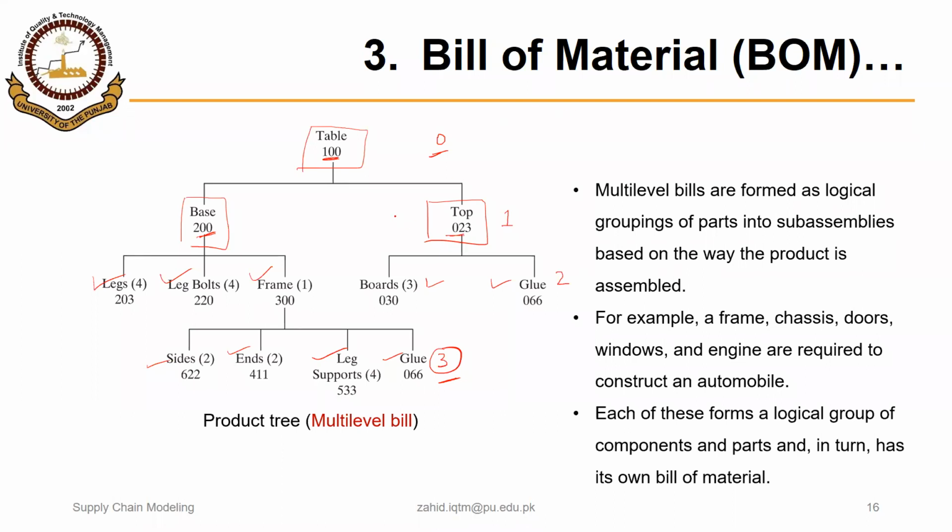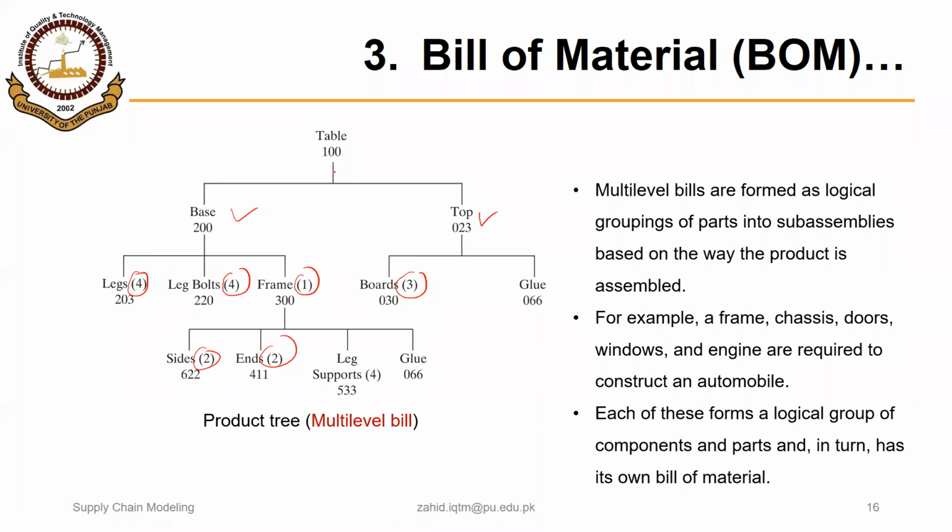How many components or sub-assemblies are required to make an end item? For example, in this case, we need 1 base and 1 top to make 1 table. But to make 1 base, we require 4 legs, 4 boards, and 1 frame. And in order to make 1 top, we require 3 boards. And in order to make 1 frame, we require 2 sides and 2 ends.